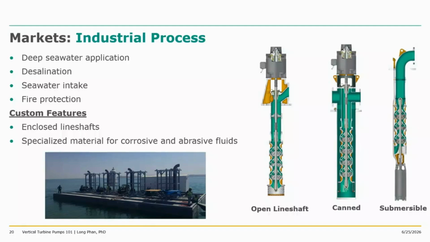Because of these aggressive environments, they typically require an enclosed line shaft to protect the shaft from corrosive and abrasive fluids. They typically use specialized materials like stainless steel or duplex stainless steel. If you have cast iron, you have special coatings because you are dealing with aggressive fluids.